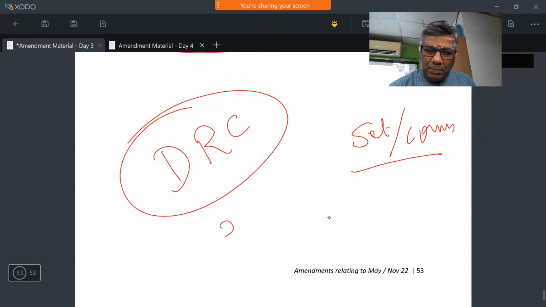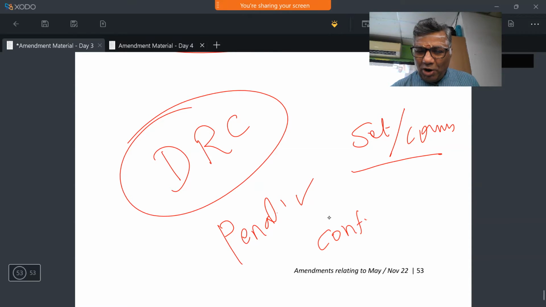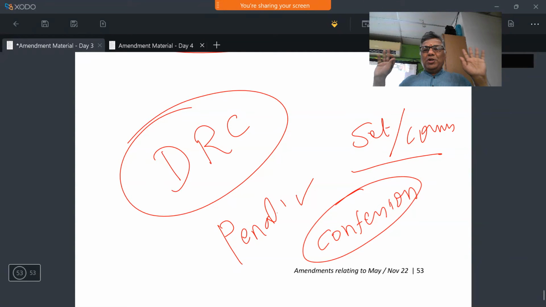One, penalty provisions should be high, so that people comply with the law very well. And then there should be a law of confession. At one point of time, you should allow his hands to be raised. Settlement commission was the law of confession and it is gone now.